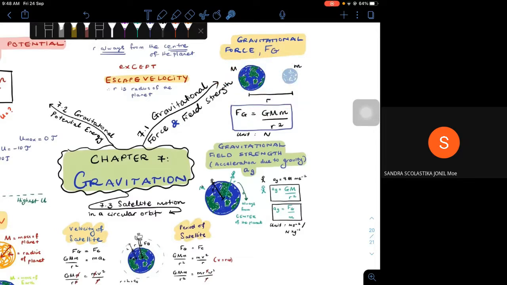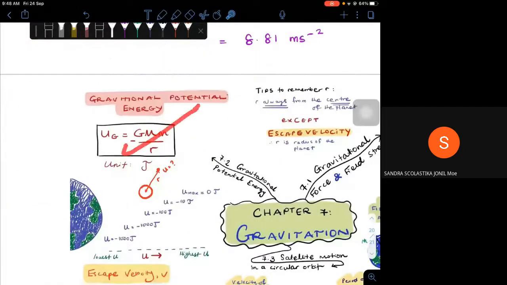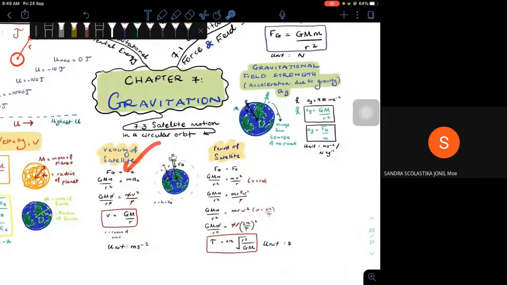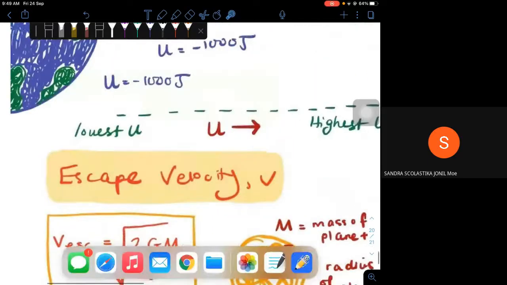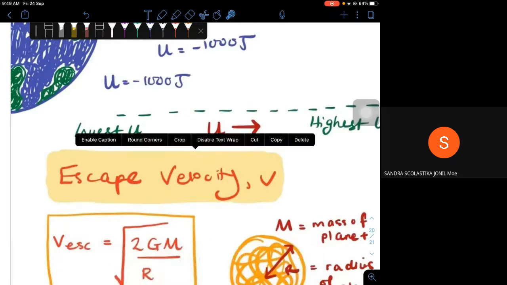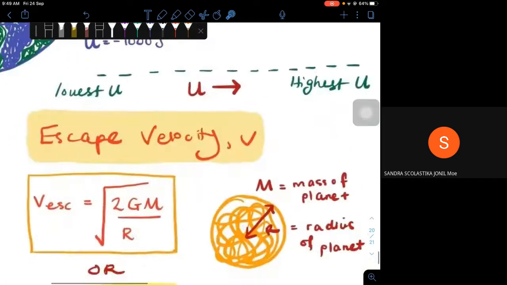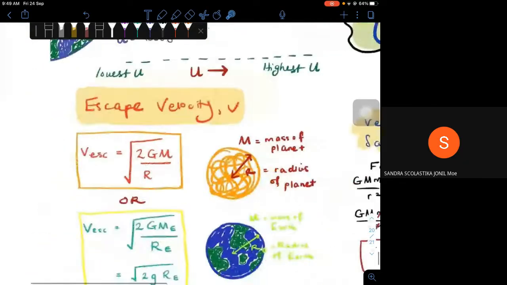So from the center of the planet, kita cakap gravitational field strength, gravitational potential energy, velocity of satellite and period of satellite. Lepas tu escape velocity, nampak tak formula dia? Escape velocity ni explain panjang tadi. Tapi bila kamu guna formula 2GM over r, huruf dia huruf besar.